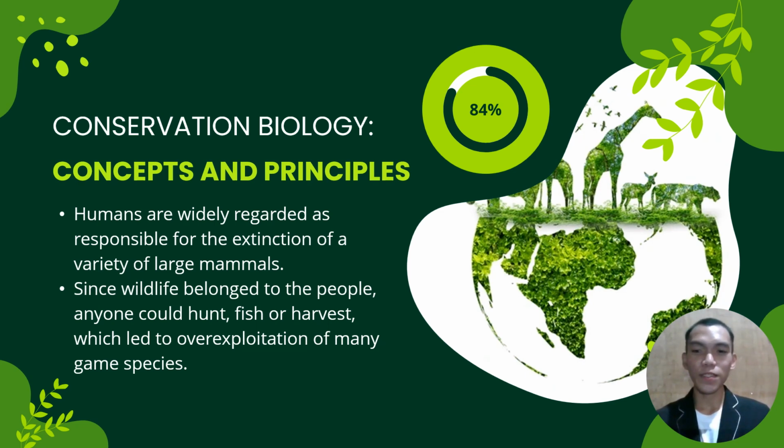And this concept is trying to say na the extinction of a variety of large mammals is the responsibility of the humans. The second concept and principle is, since wildlife belonged to the people, anyone could hunt, fish, or harvest, which lead to overexploitation of many game species.